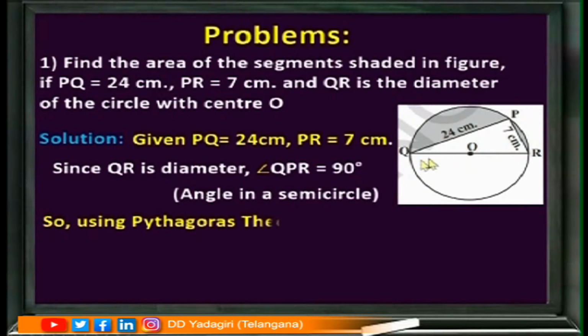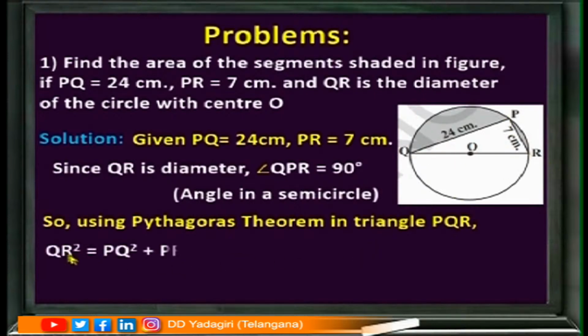Now, we will find it using the Pythagoras theorem in triangle PQR. QR square is equal to PQ square plus PR square. QR square is equal to 24 square plus 7 square.